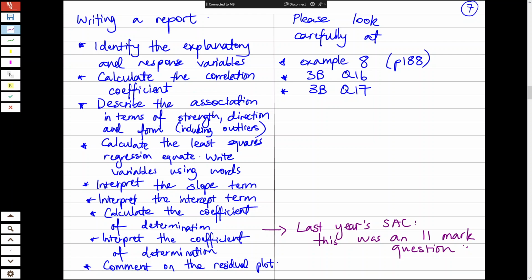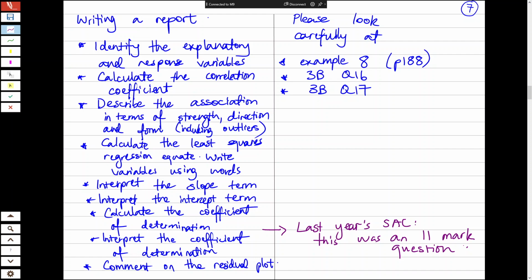So that means you're going to interpret the slope term, you're going to interpret the intercept term, you're going to describe the association in terms of strength, direction, and form. You're not just going to calculate r squared, the coefficient of determination, you're going to tell me what it means. So I will upload this. You don't have to copy it down because there's a lot of words there. Also comment on the residual plot.